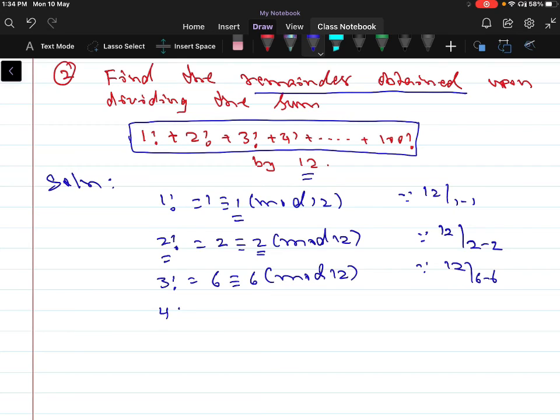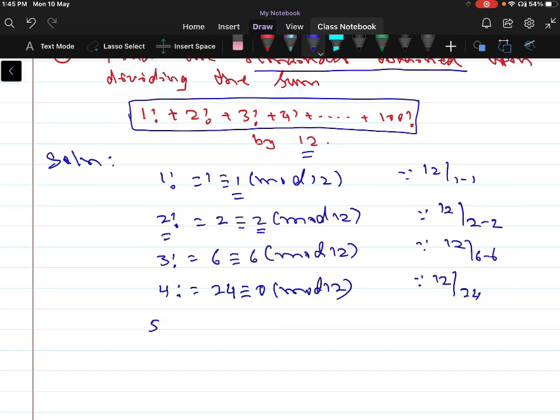So let us find out the remainder of 4 factorial. So 4 factorial can be written as 24. So 24 is congruent to 0 modulo 12, since 12 divides 24. 5 factorial is equal to 4 factorial into 5, which is also congruent to 0 modulo 12.